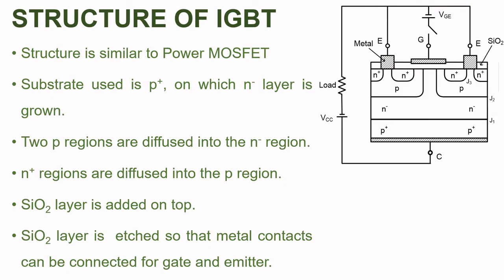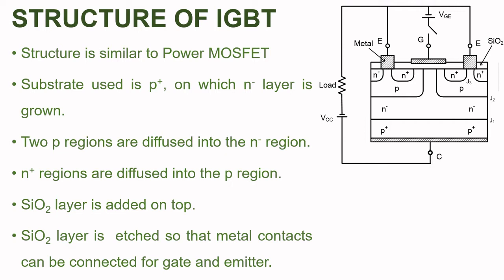Let us now see the structure of IGBT. As we have already said, the structure of IGBT is similar to that of MOSFET. For preparing an IGBT, a P plus type of substrate is selected, whereas in development of MOSFET, N plus type of substrate is selected.